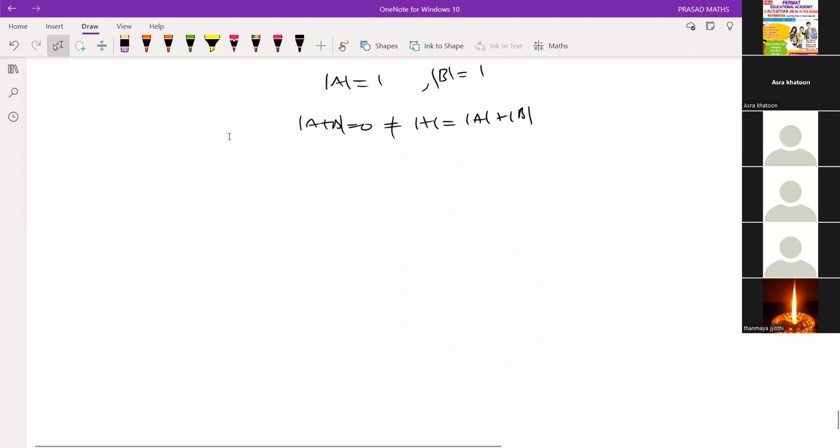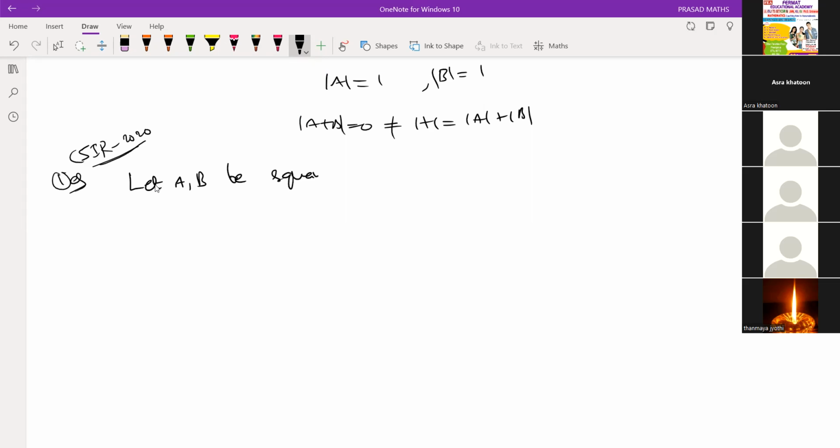So using this idea, this question was asked in CSIR 2020. Suppose you are given two 2 by 2 square matrices A and B. Then which of the following is true?